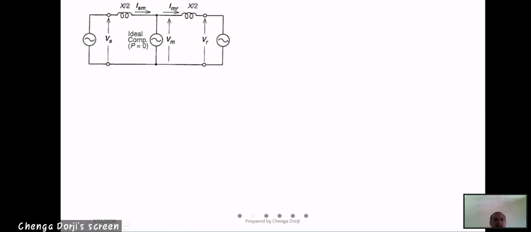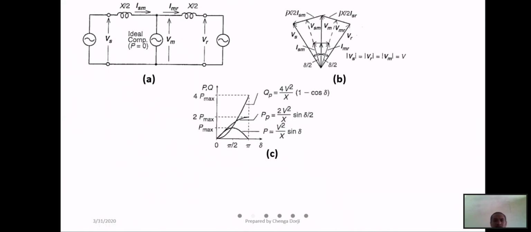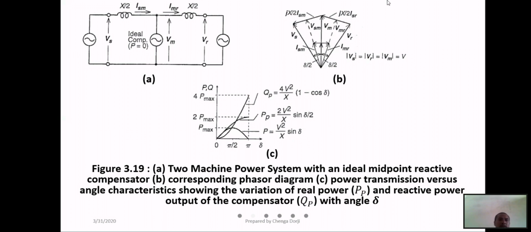Now consider this, your two machine system. Here you have two alternators connected together by a transmission line. So this is your two machine system.